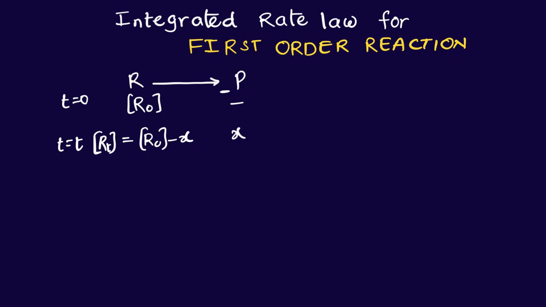Now rate is directly proportional to the reactant concentration power 1 if it is a first order reaction. Anyway, we are discussing first order reaction, that's why first power.